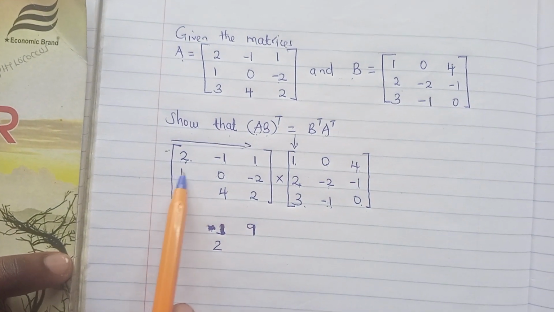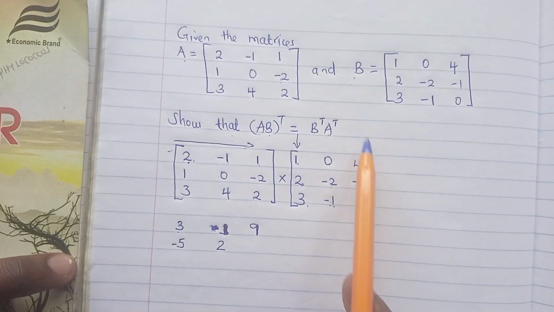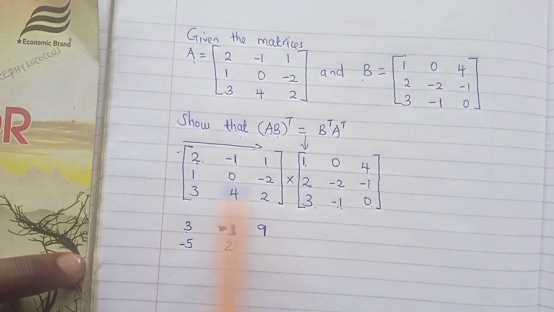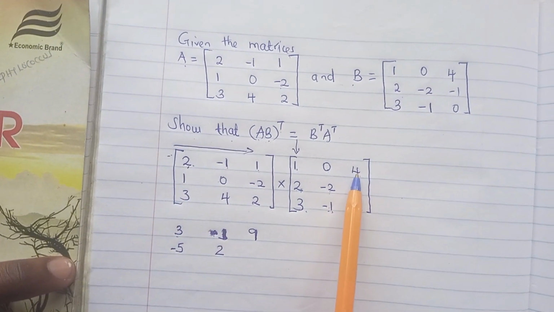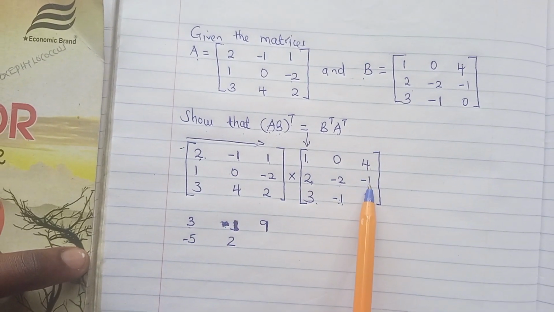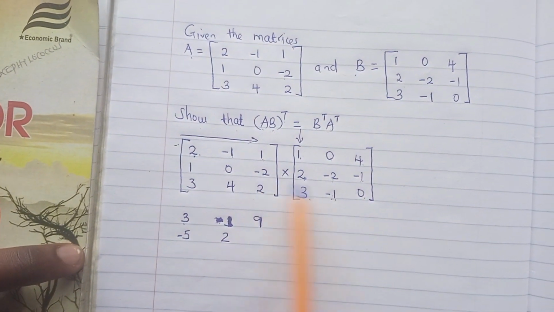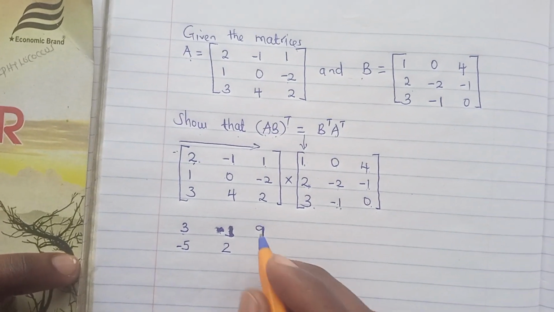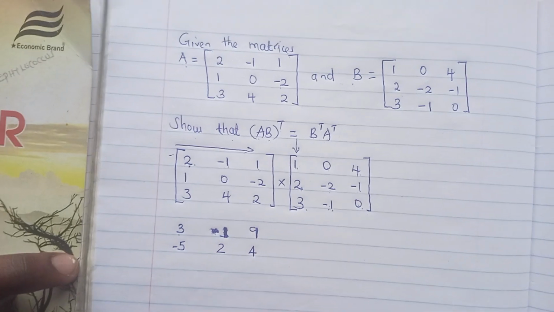And then we go to the second row and the last column. So it is 1 times 4. This one will give us 4, plus this one times this one is 0, plus this one times this one is also 0. So we're going to have positive 4. We write positive 4 here.